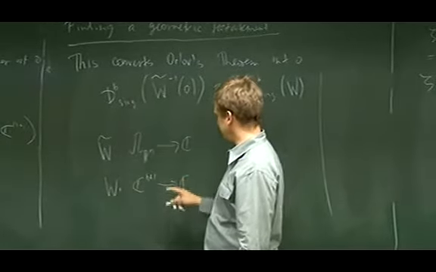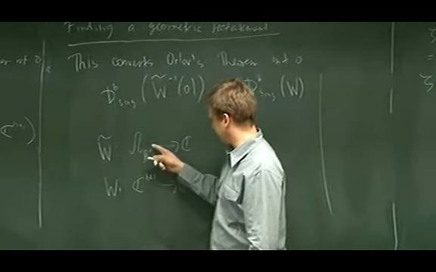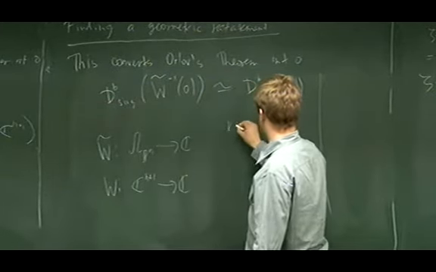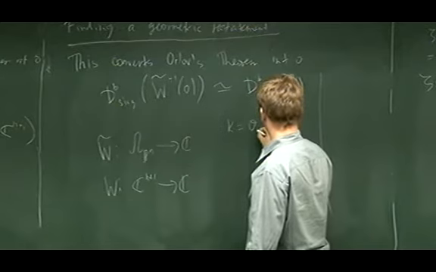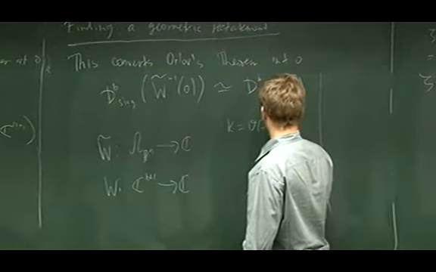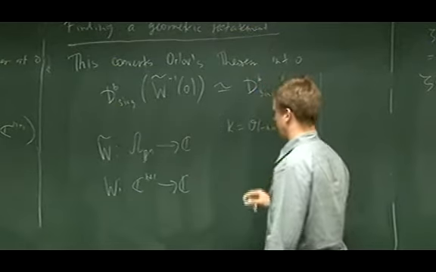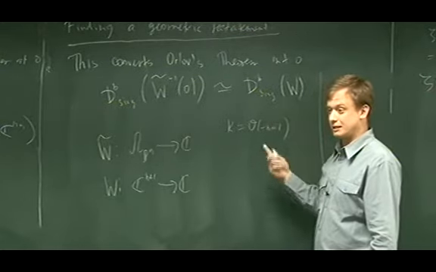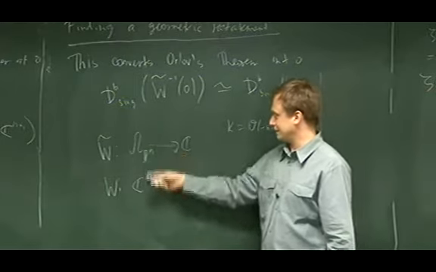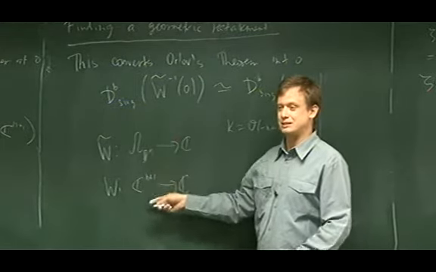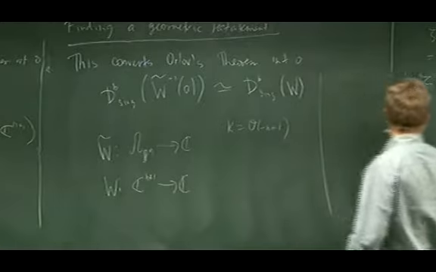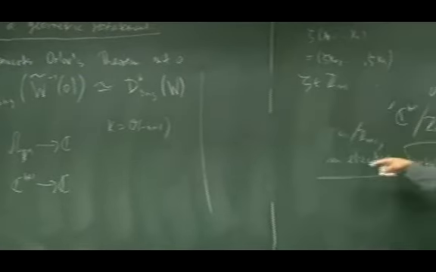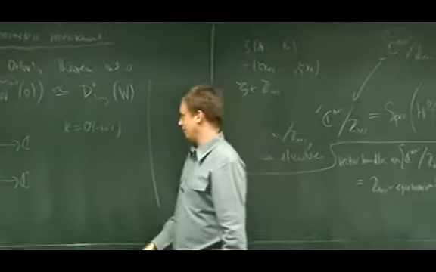In a sense, the canonical class of Pn is O of minus n minus 1. The two C star actions both descend to this quotient, but they differ precisely by this raising.